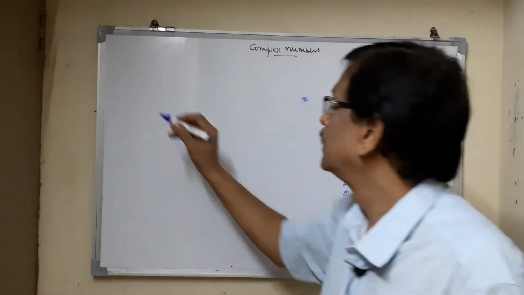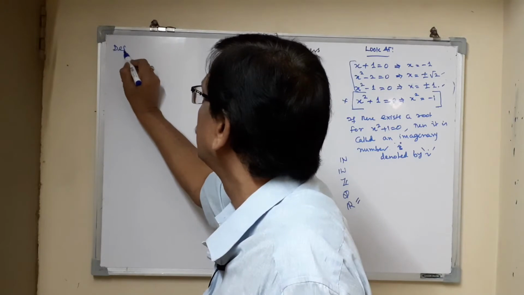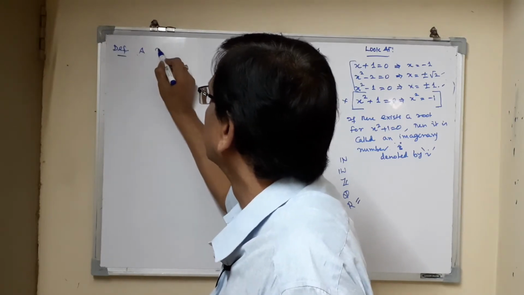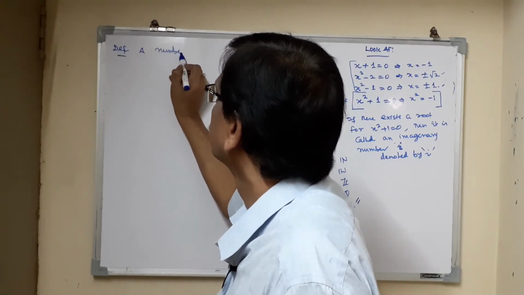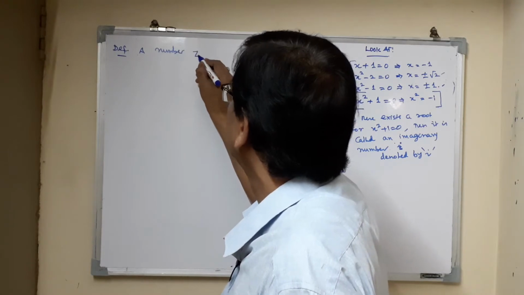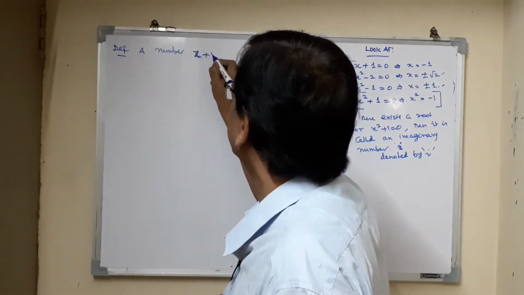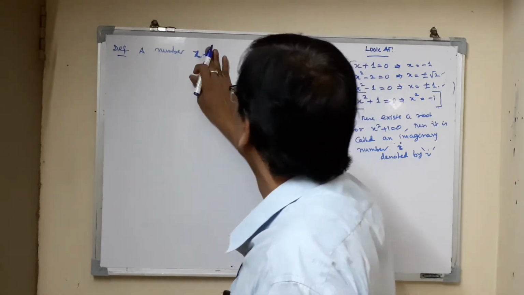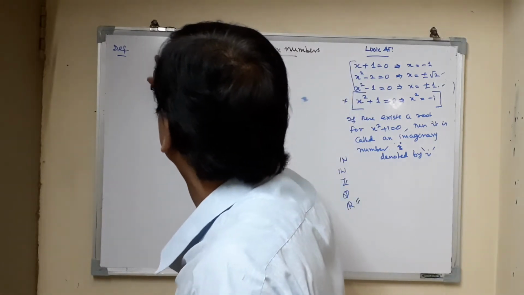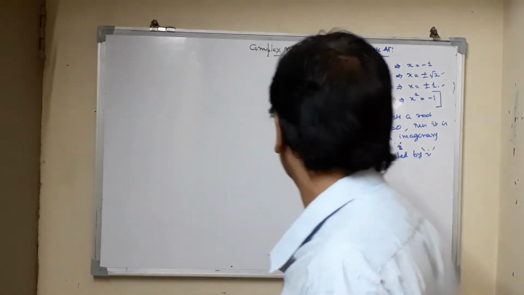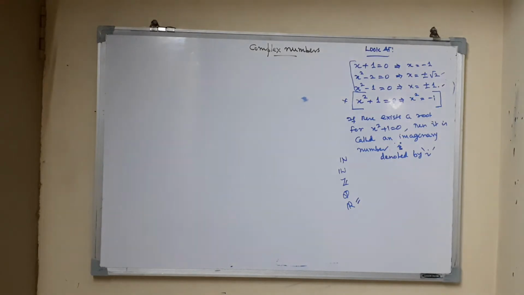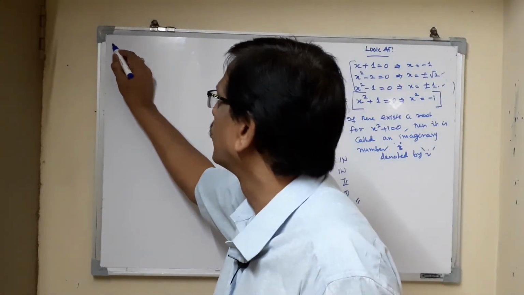So now I have a definition for a complex number. A number z equal to x plus iy. Now I have the following definition.